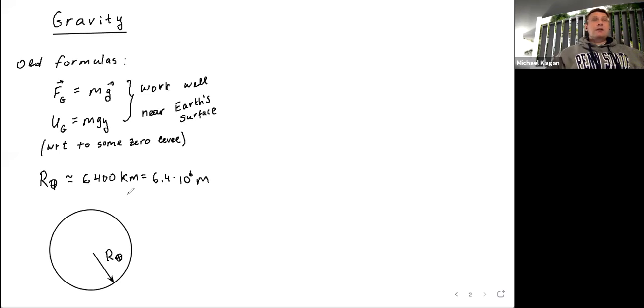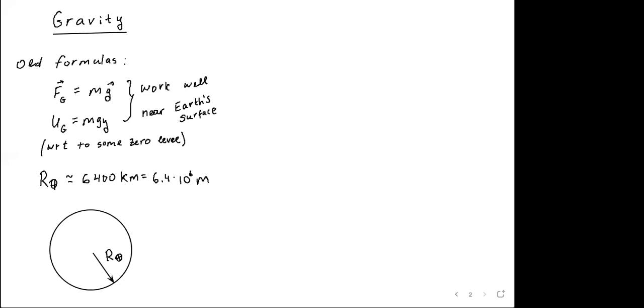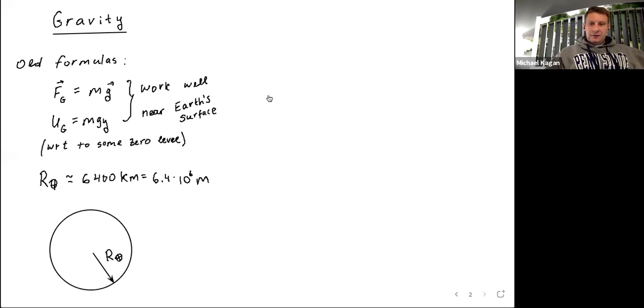For satellites, do you guys know the typical altitude for satellites? Way above the stratosphere. I think it's like R over 2 or something. Actually smaller than that. Satellites typically fly at a few hundred kilometers.